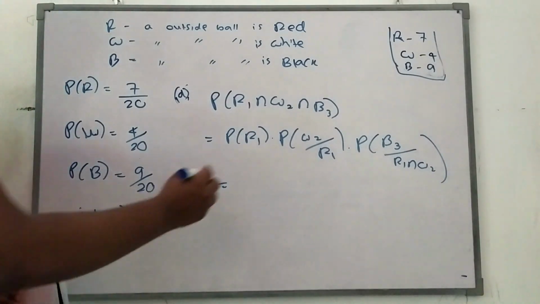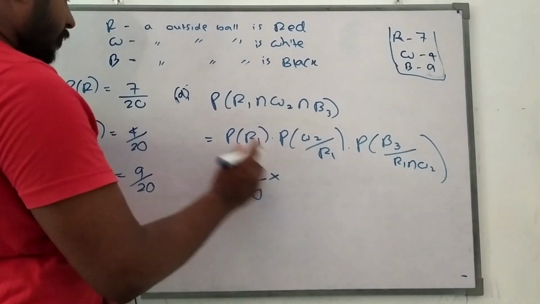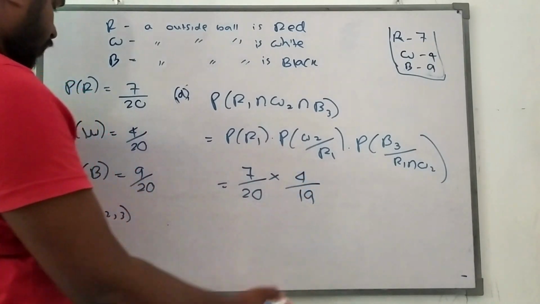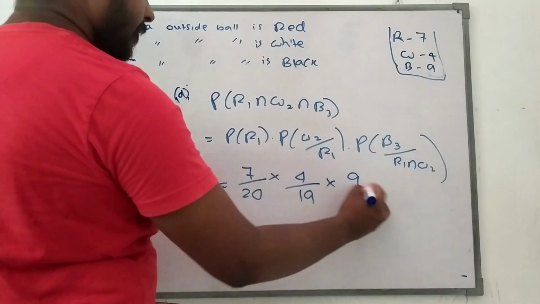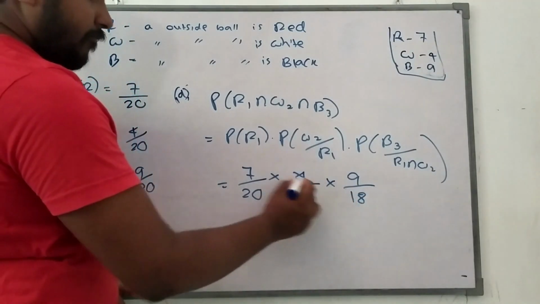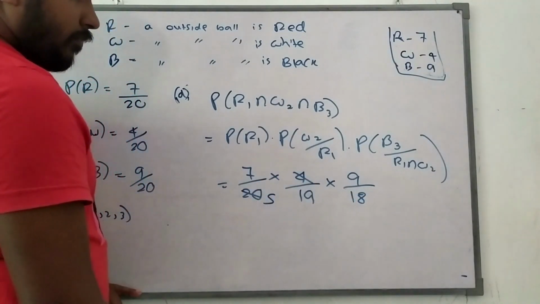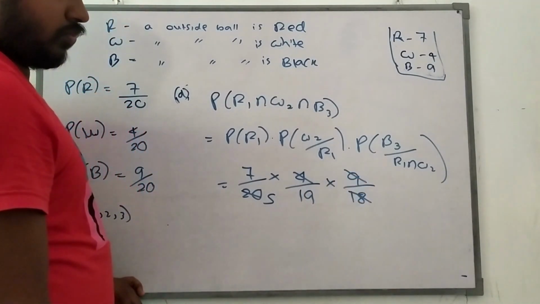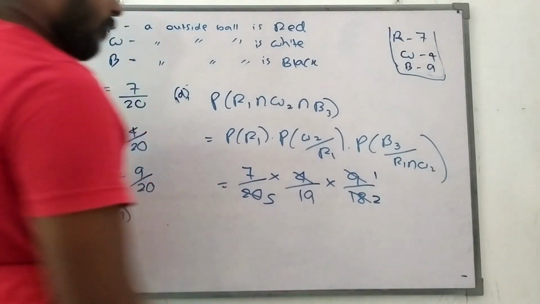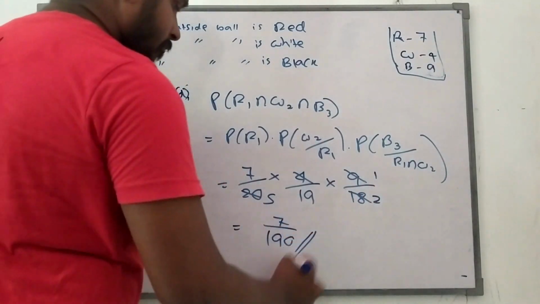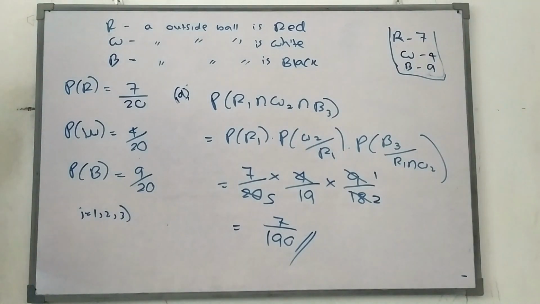So R1 means 7 over 20, white means 4 over 19, and black 9 over 18.